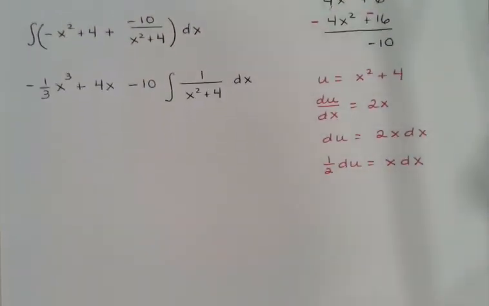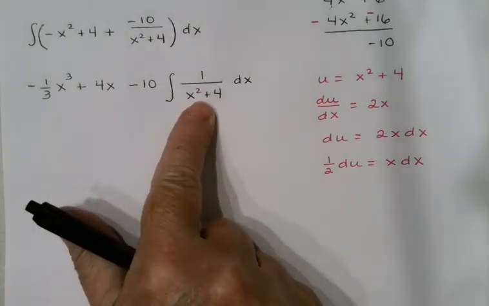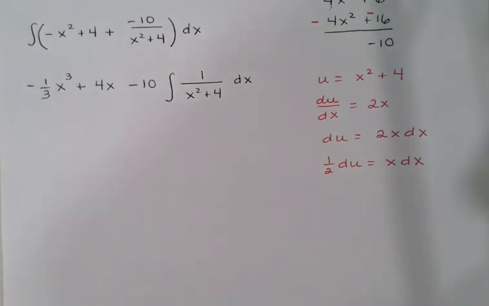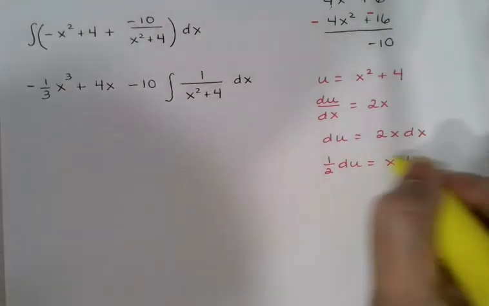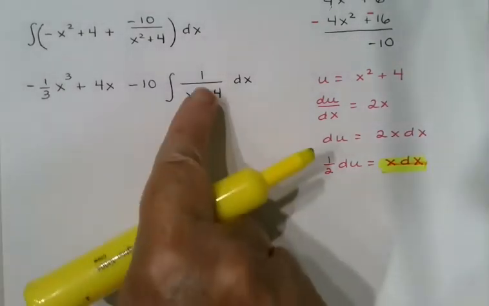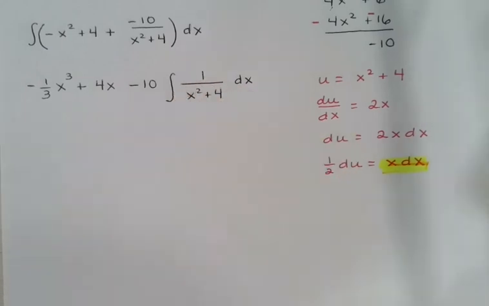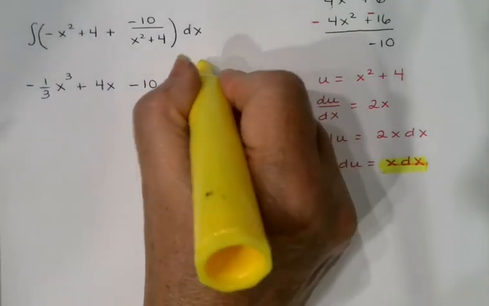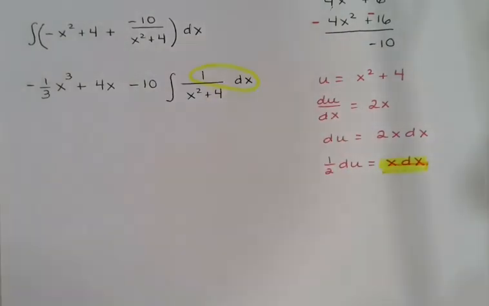All right, so for the first time, my u substitution has failed me here. I definitely have a u in the bottom, but notice what I don't have. I don't have an x dx here, right? I can't manufacture an x. I can't make up an x where I don't have one. And so since I don't have x dx, I just have 1 dx. This u substitution isn't going to work.